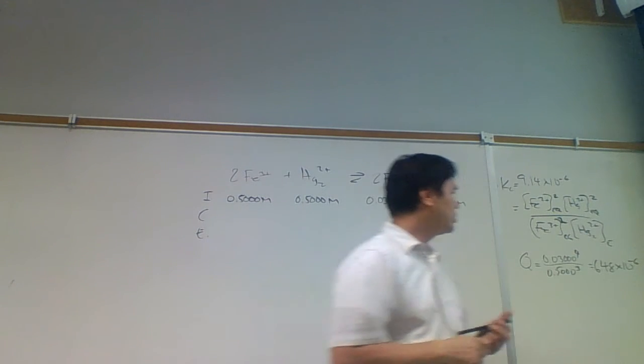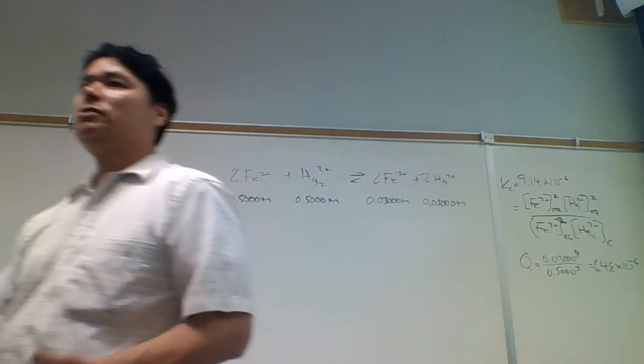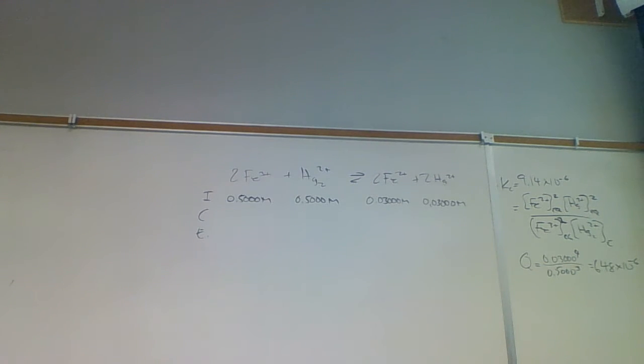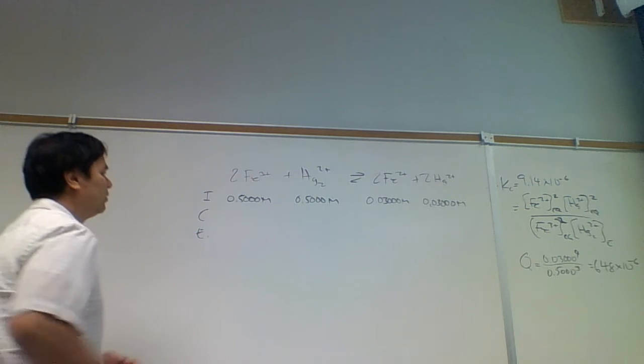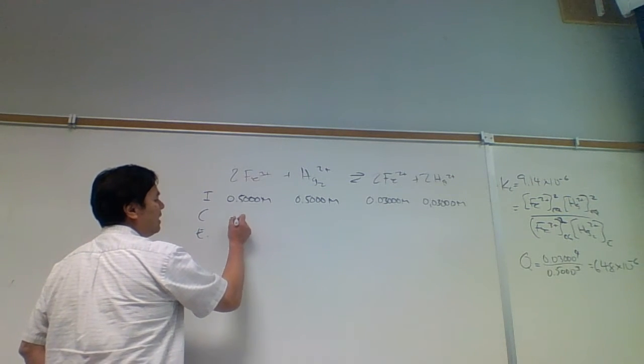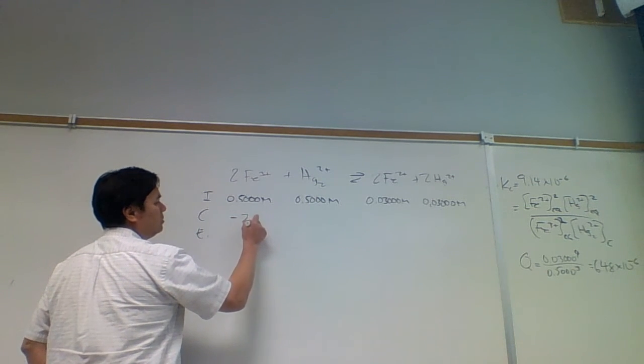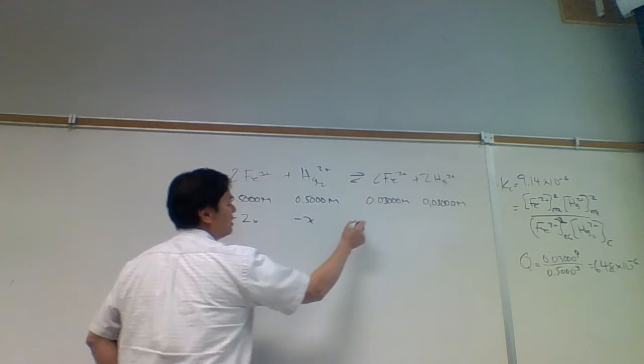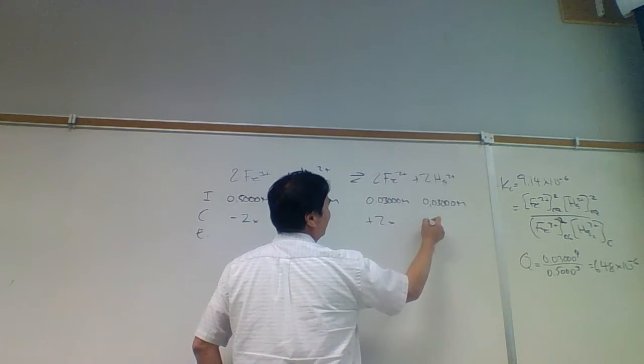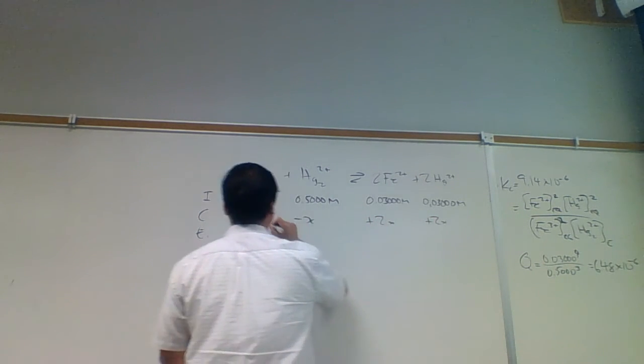Now, when you look at that ratio, is it too big or too small? Too small. It's too small, therefore this should be minus 2x, minus x, plus 2x, plus 2x. And this is molar.